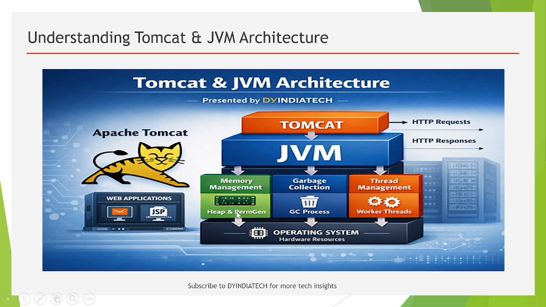In the JVM there is memory management, which has the heap and PermGen, and there is garbage collection and the GC process. Another is thread management, where we have worker threads. Below that is the operating system.